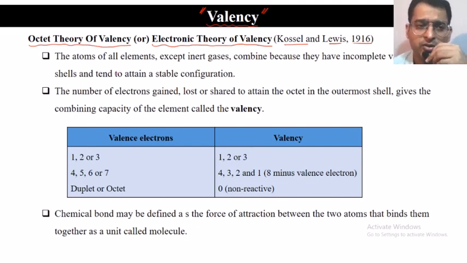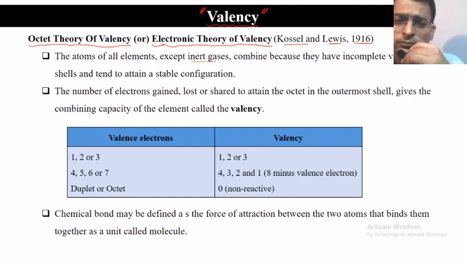What did they suggest? The atoms of all elements except inert gases combine because they have incomplete valency shells and tend to attain a stable configuration. What does it mean?